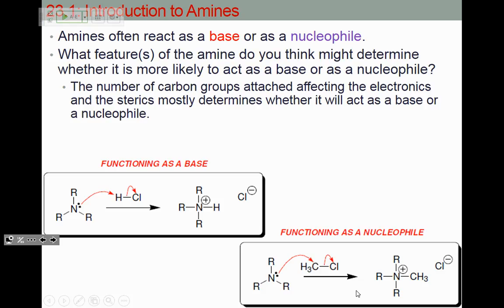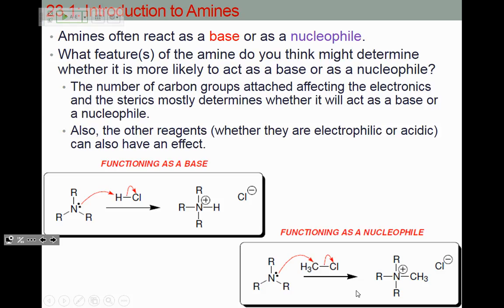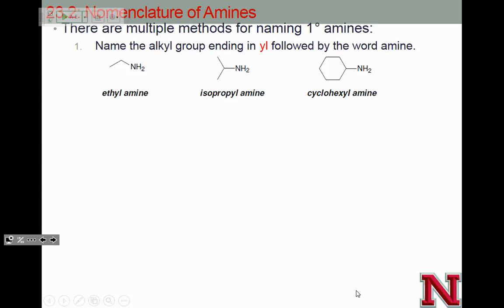So if we have big R groups, we get bases that are non-nucleophilic, things like triethylamine and pyridine, which we've talked about before. Also, other reagents matter. If we have an amine only in the presence of an electrophile and there's no base, it's either not going to react or it's going to react as a nucleophile. It's not going to react as a base if there's no acidic proton.